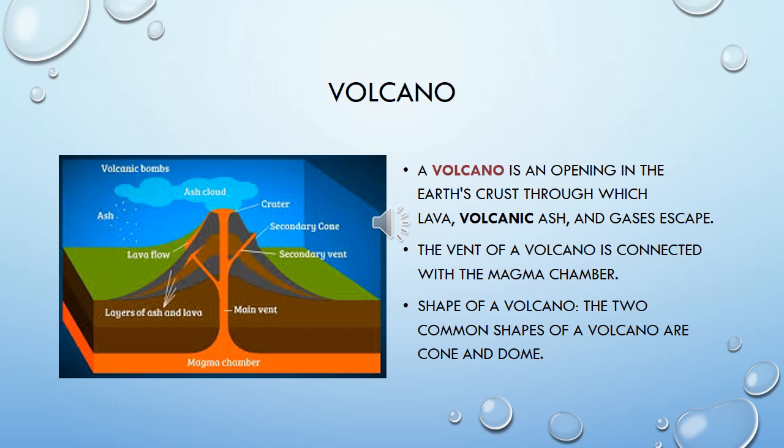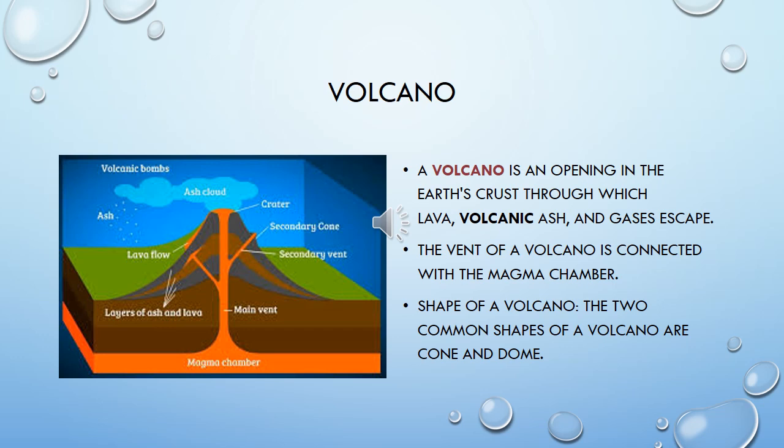In the picture you will find magma chamber is there, which is shown in orange color. Main vent is also in orange color. Then there is a branch in the main vent, we will call it secondary vent, and a cone is formed, the main cone and the secondary cone is also there.